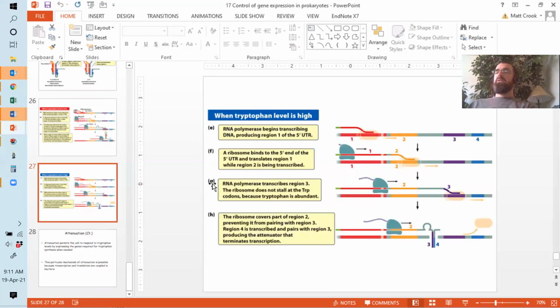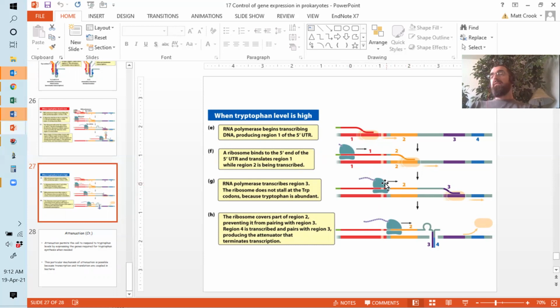And now we get to this situation. We have the same thing again: RNA polymerase, and a ribosome binds to region 1 and starts translating it. RNA polymerase is transcribing region 2. Now, as the ribosome gets to these 2 trp codons, there's actually plenty of trp tRNA around. So the ribosome proceeds onto region 2.